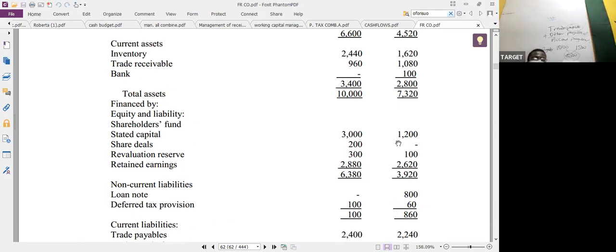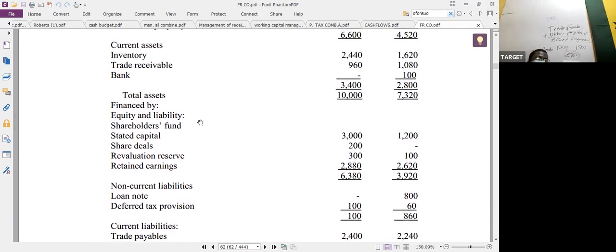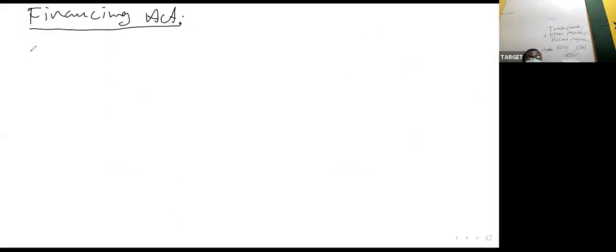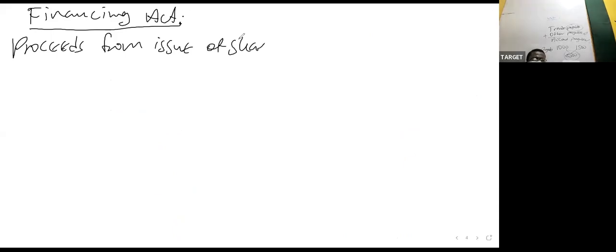You can see it has increased from 1,002 to 3,000, right? I would say it's an inflow. Shareholders' fund, that's the stated capital, has increased from 1,002 to what? 3,000. And we're told that they've issued what? Shares for cash. So go find the difference. Then there's proceeds from issue of shares, or just write issue of shares.